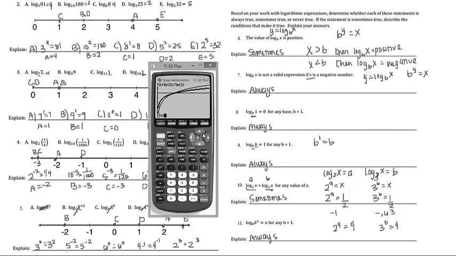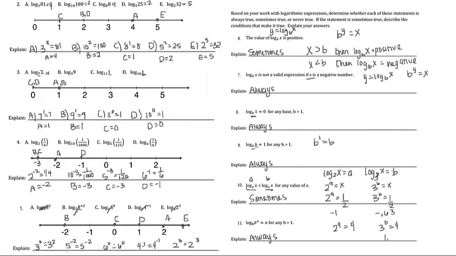When x equals 4, y only has to equal 1.26. So in this case, y equals 1.26, and this is equal to 2.